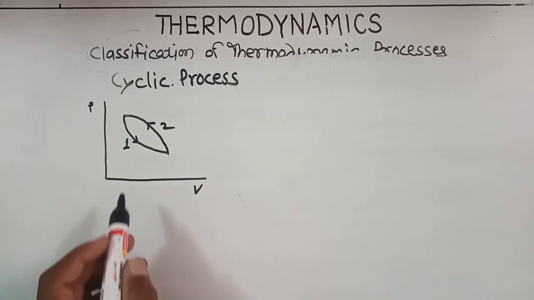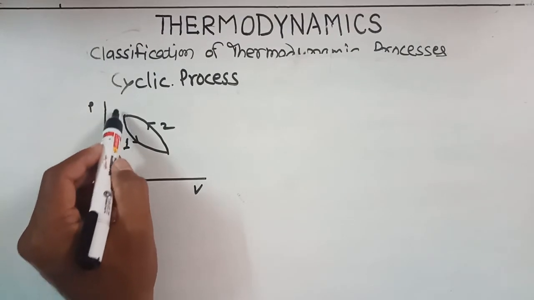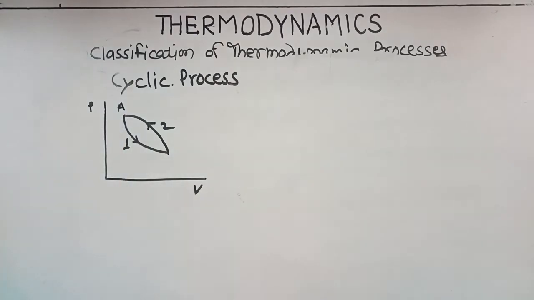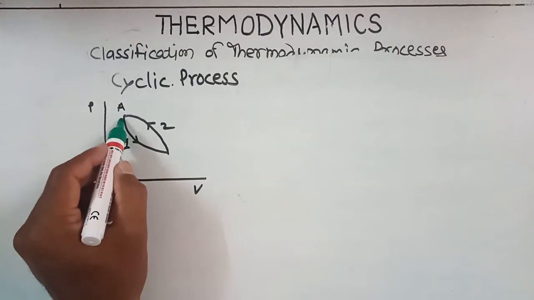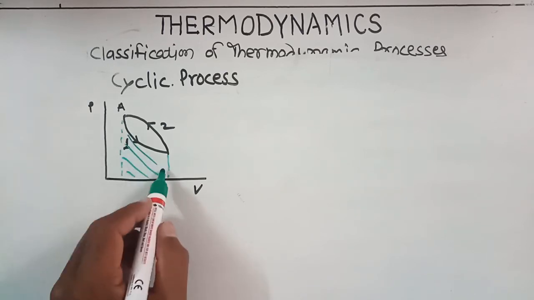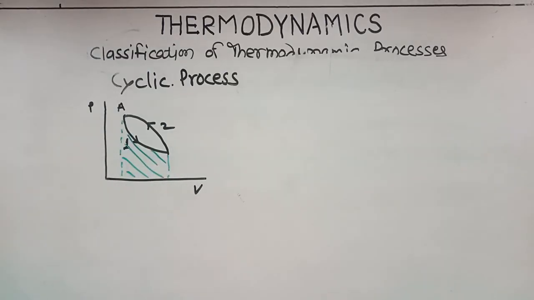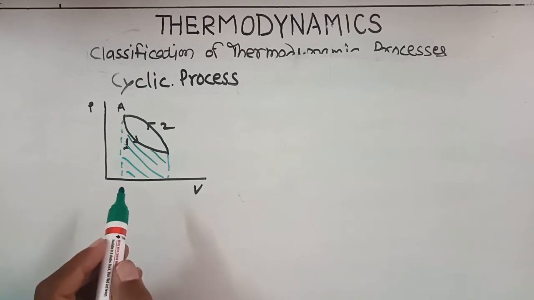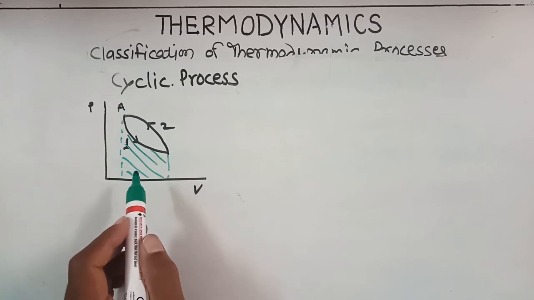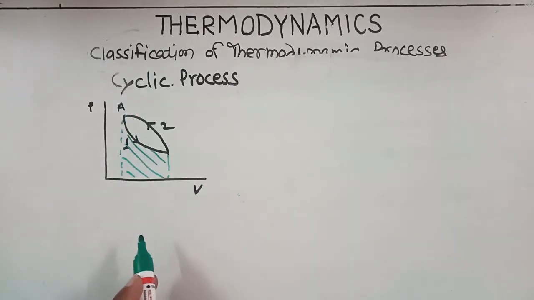In this cyclic process, when the system goes from A to B, this should be the area under the curve. As there is expansion of gas, work is done by the system on the piston.